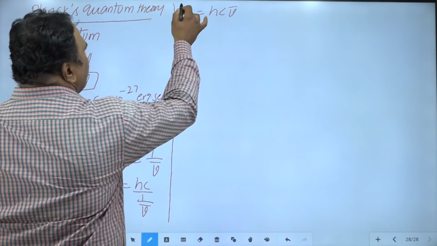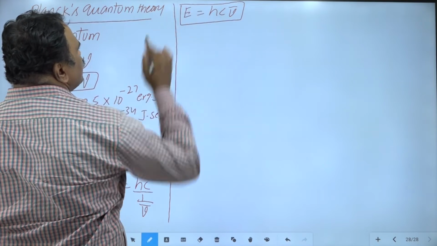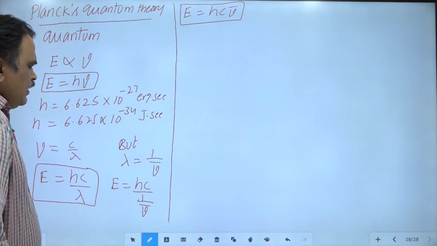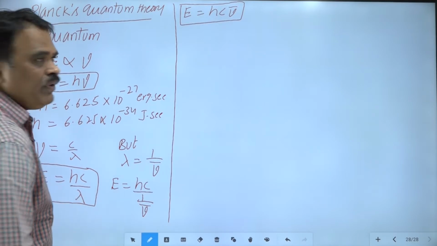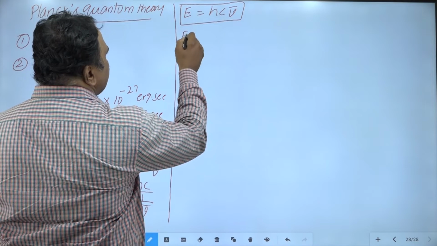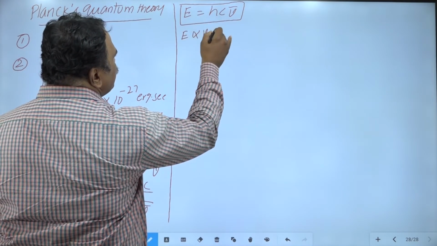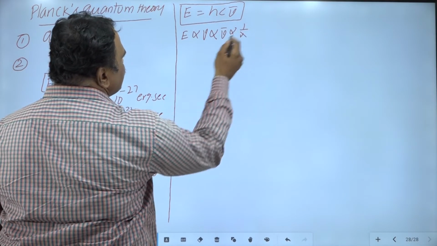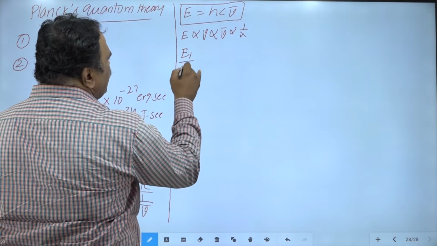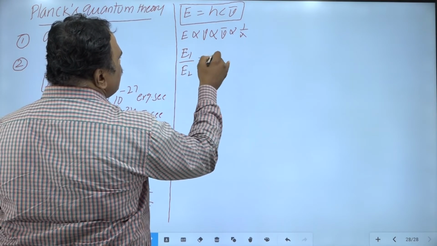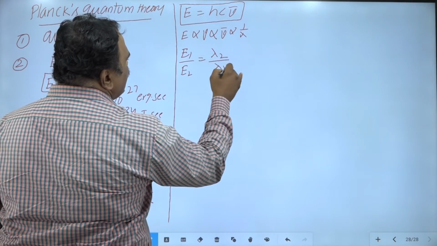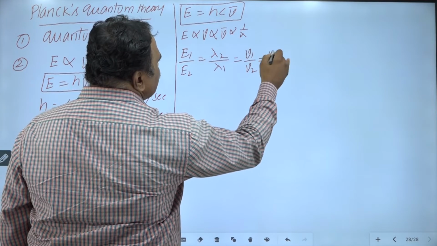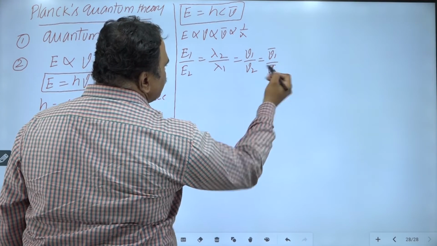That means energy is directly proportional to wave number, directly proportional to frequency, but inversely proportional to wavelength. So E1 by E2 is equal to lambda 2 by lambda 1, which is equal to nu 1 by nu 2, which is equal to nu bar 1 by nu bar 2.